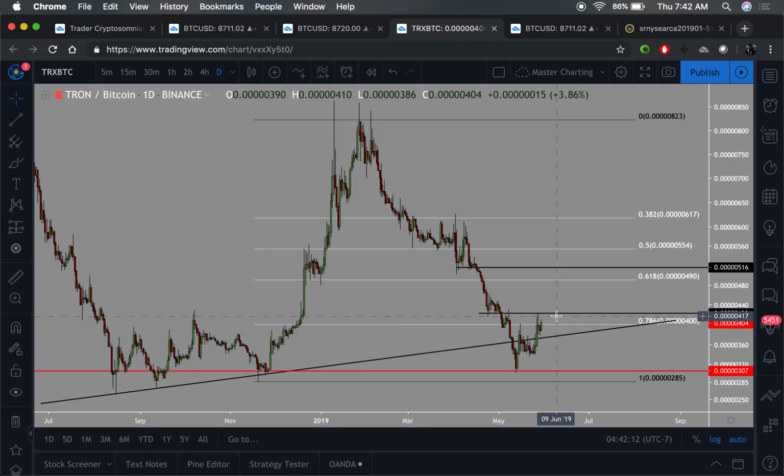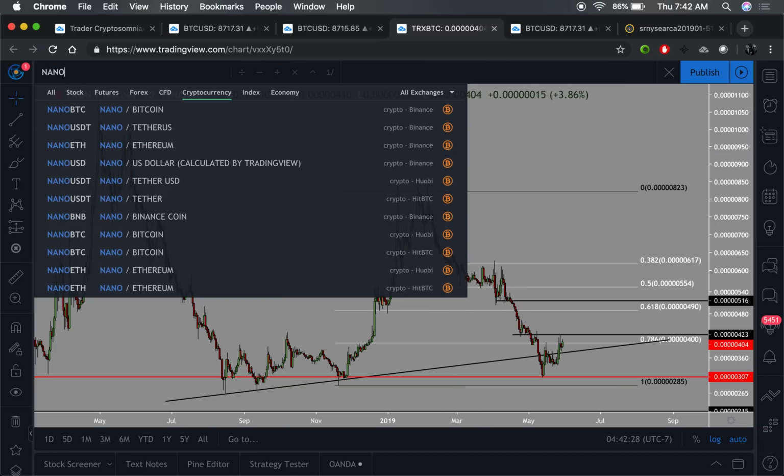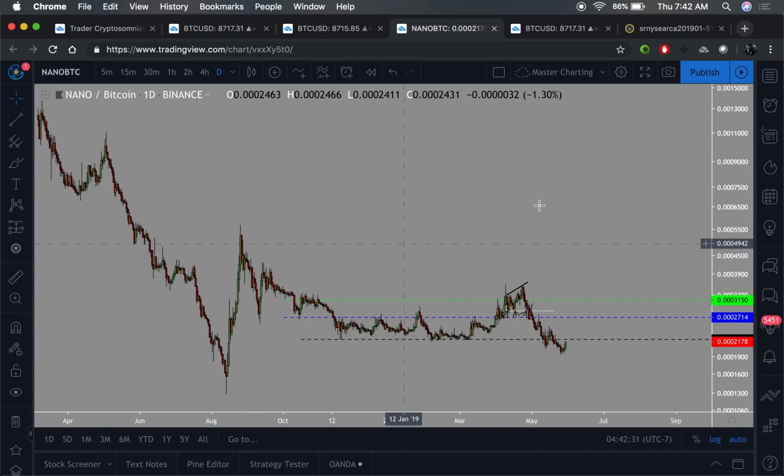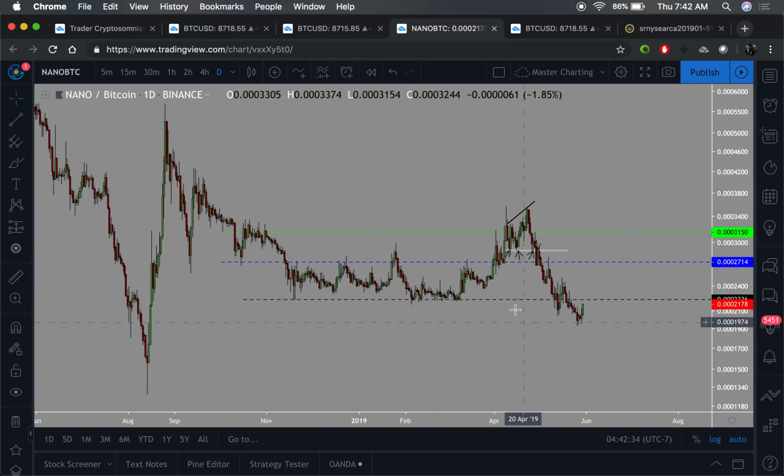Or some of these coins may never come back, that might be their death, might be necessary for Bitcoin's survival. Okay, so that's one of the ways you have to look at coins like TRX, or even if you start looking at Nano. Okay, Nano, you can see it's been going down consistently. It broke through critical supports right here.